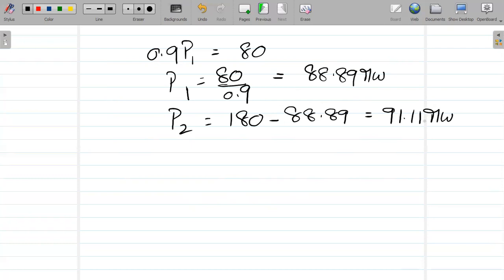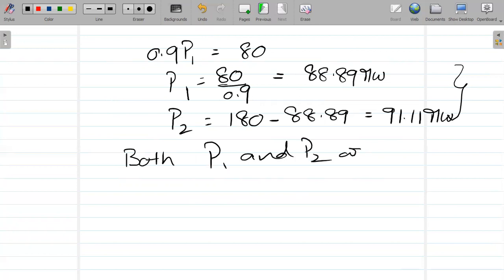So P2 is also within the limits, 25 megawatt and 100 megawatt. So both P1 and P2 are within the limits given, and it is the economic operating schedule.